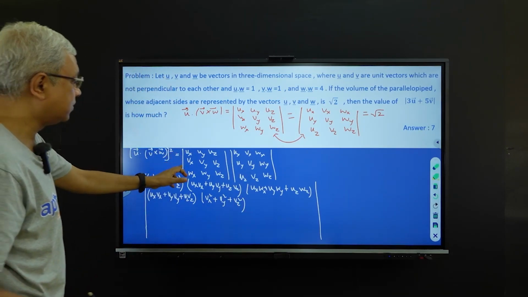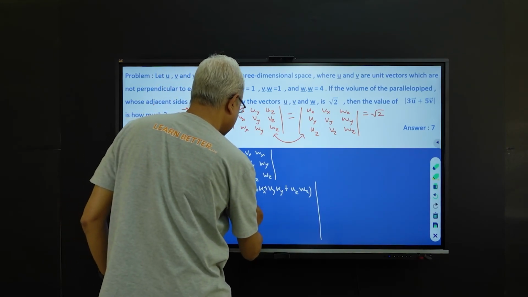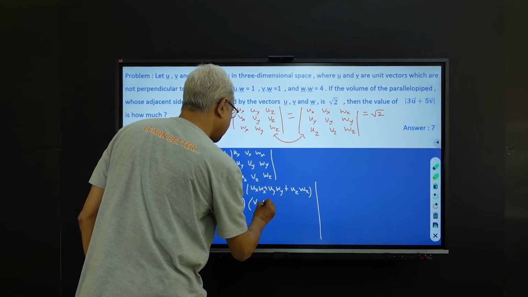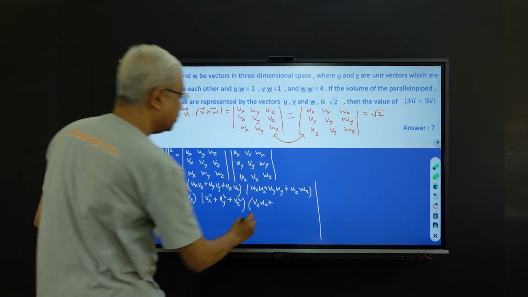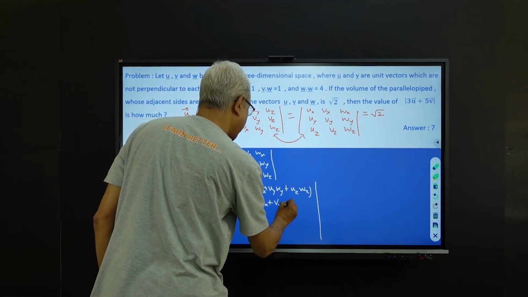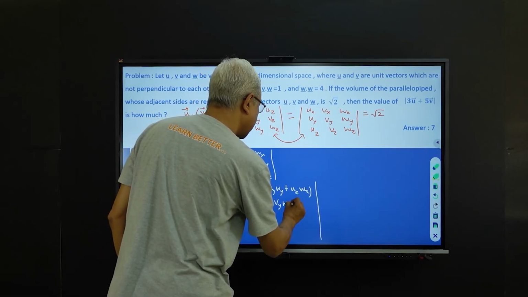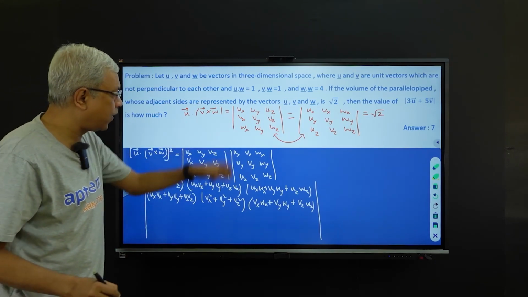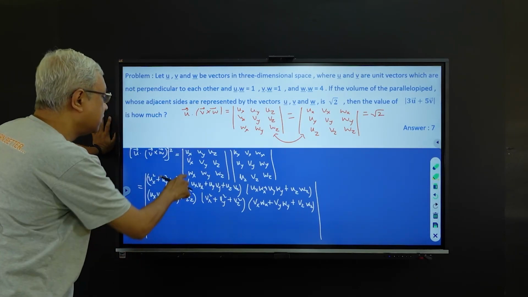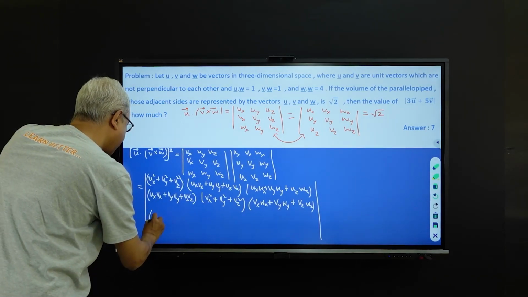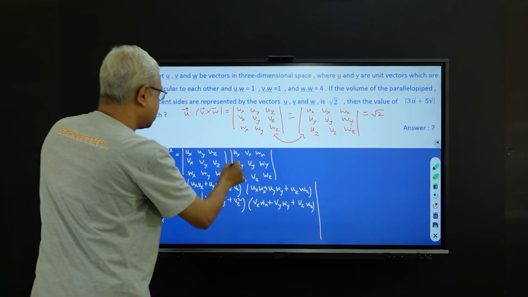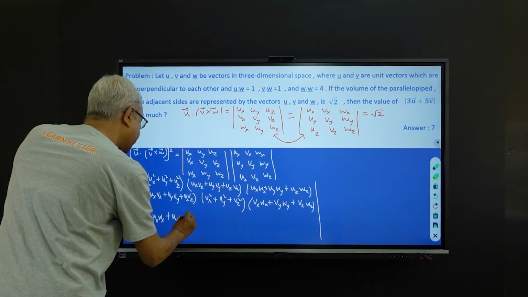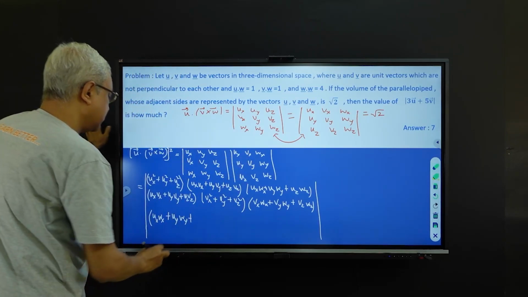It's not difficult, very simple. And second row, third column is Vx Wx plus Vy Wy plus Vz Wz. And then third row, first column is Ux Wx plus Uy Wy plus Uz Wz.